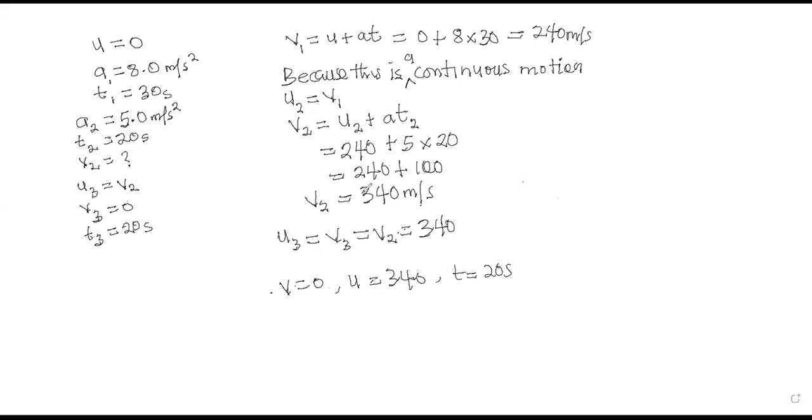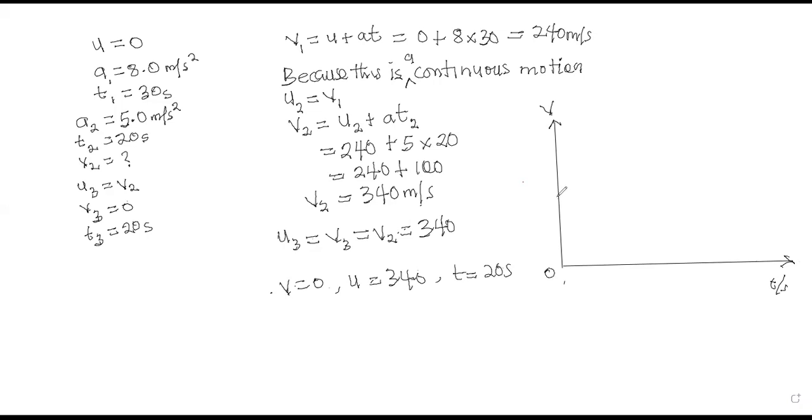So let's sketch the velocity time graph. Vertical axis is the velocity V, horizontal axis is the time. What are the velocities? The body starts from rest, so initial velocity 0.